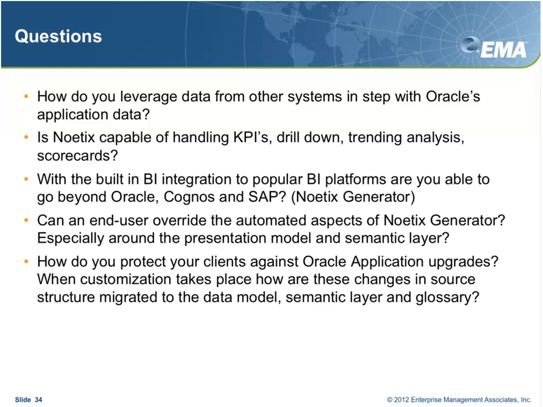And then finally, there's always the ability within the BI platform, right? So if I'm using OBIEE, I can go into OBIEE admin and define more KPIs, or I can go into my analysis services cube and add some more KPIs or some more calculations or metrics.